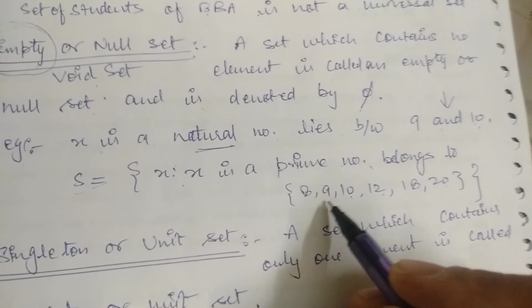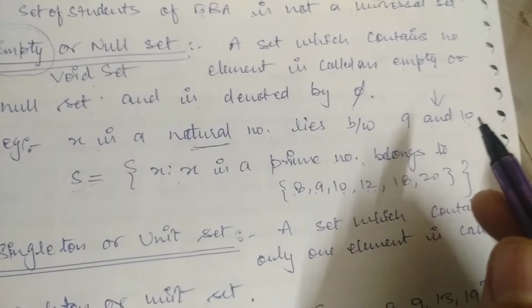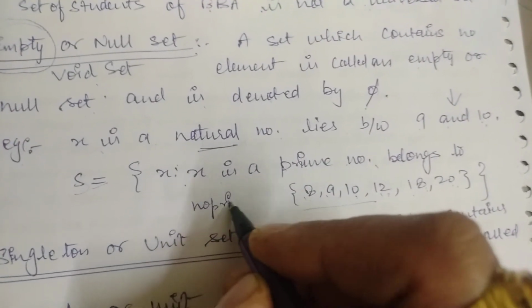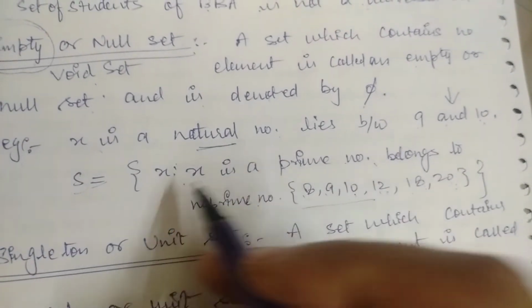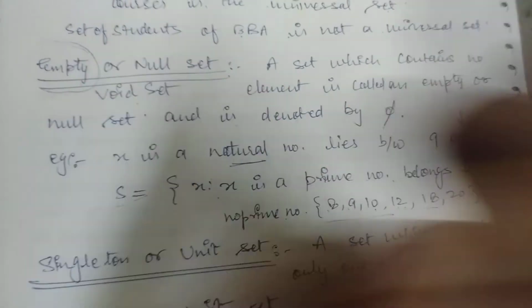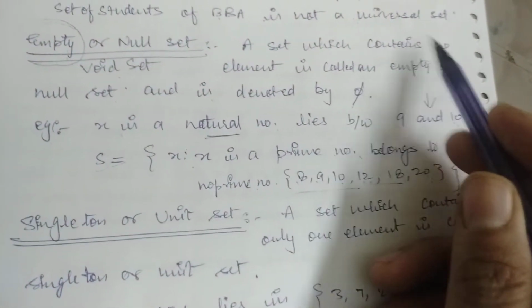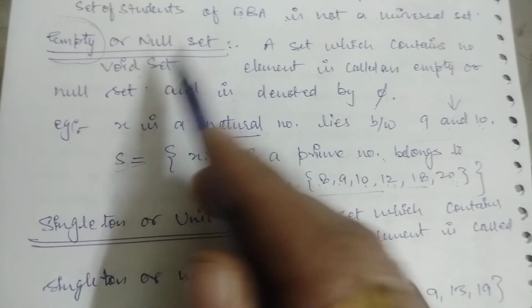Is there any prime number in these elements? No. There is no prime number. Since there is no prime number in this set, this complete set is an empty set. So a set which contains no elements is called an empty or null or void set.